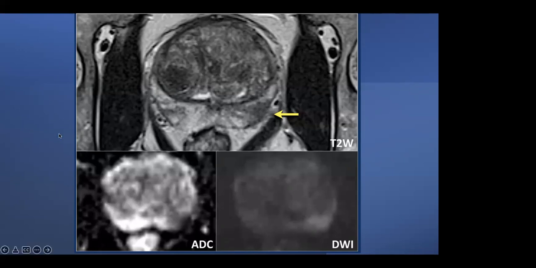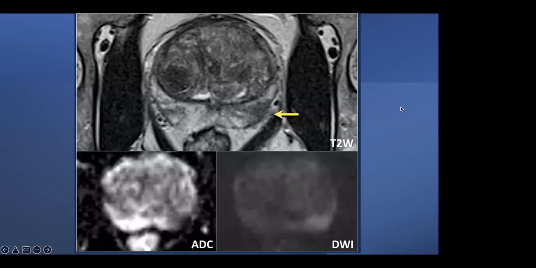And of course, the PI-RADS categorization, as we discussed in the last meeting: the size differentiates PI-RADS 4 from PI-RADS 5. 15 millimeters or more is PI-RADS 5, and if less than 15 millimeters, then it is PI-RADS 4. So this is a lesion which is highly suspicious.